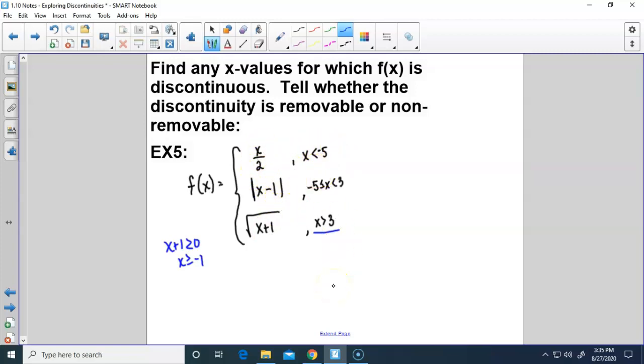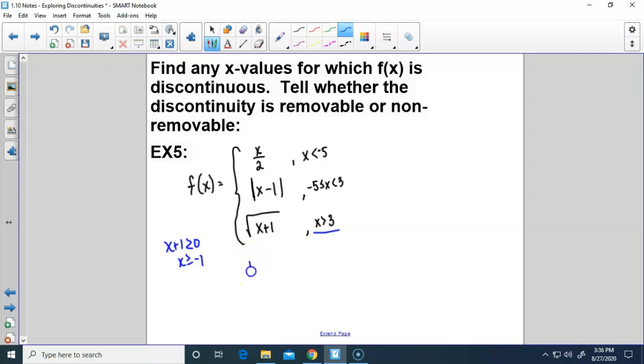So there is some notation that I want you to use for these, because we can say f of negative 5. If we say f of negative 5, we mean that we're plugging in this negative 5 value here into this equation. But what we really want to know is what the limit looks like from the left and the right.